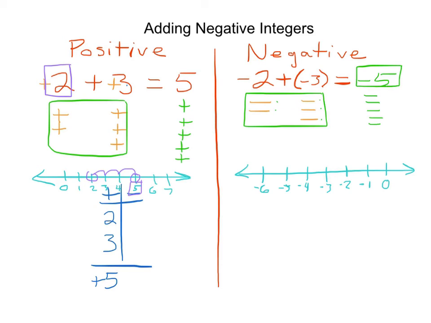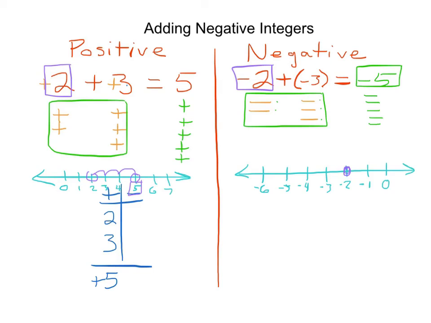This time we're going to start at negative 2 because that's our first number in our math problem. This time it says to add, but instead of adding a positive, which means move to the right, it's saying add negative, which means make the value of the negative greater.